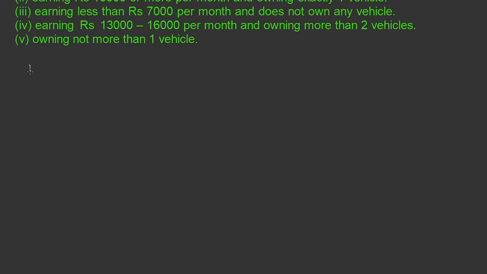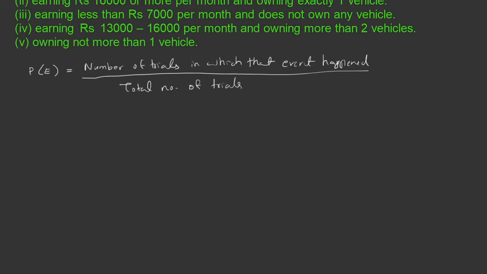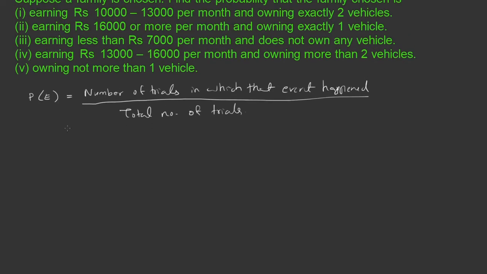We know the probability of an event occurred is equal to number of trials in which that event happened divided by total number of trials. So, we are going to do the questions.